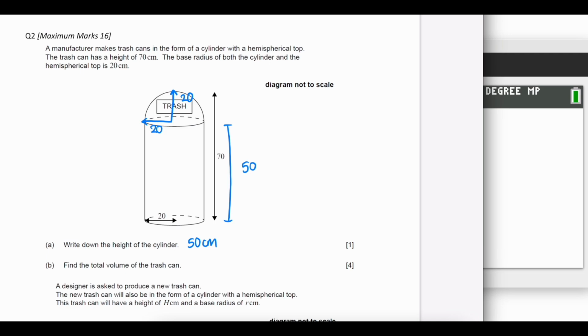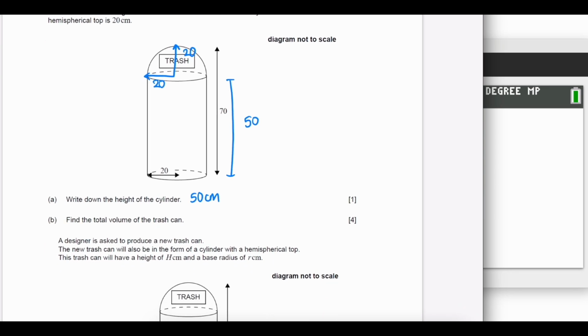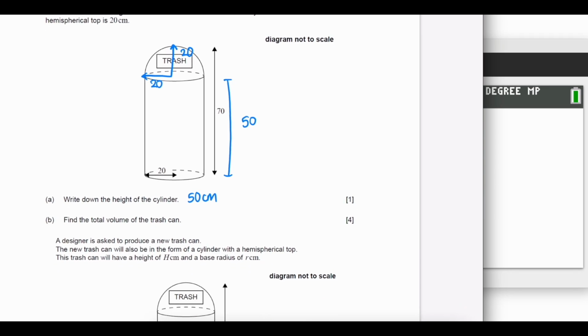The next part says to find the total volume of the trash can. Using the formula for the volume of a cylinder, that is pi times r squared, which is 20 squared, times the height, which is 50. The volume of a cylinder is a bit like a prism, so it's just the area of a circle, pi r squared, times the height, which is 50.